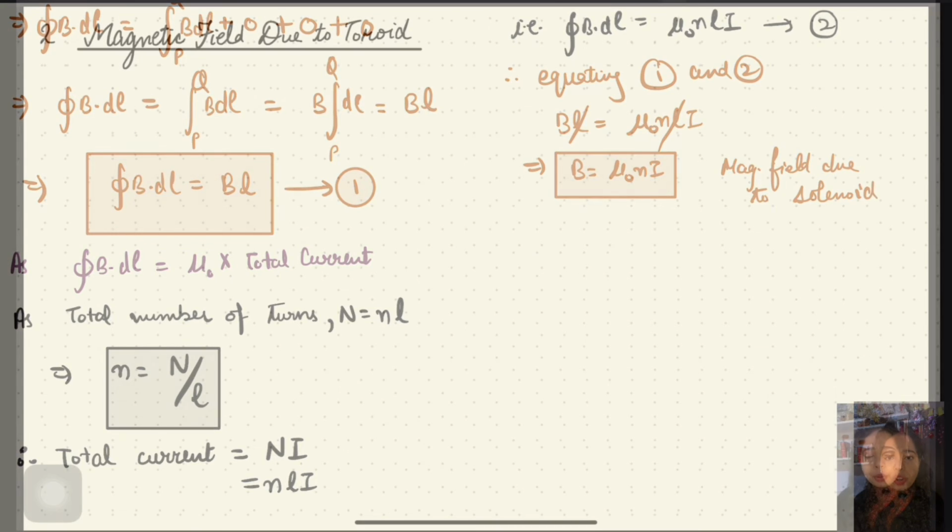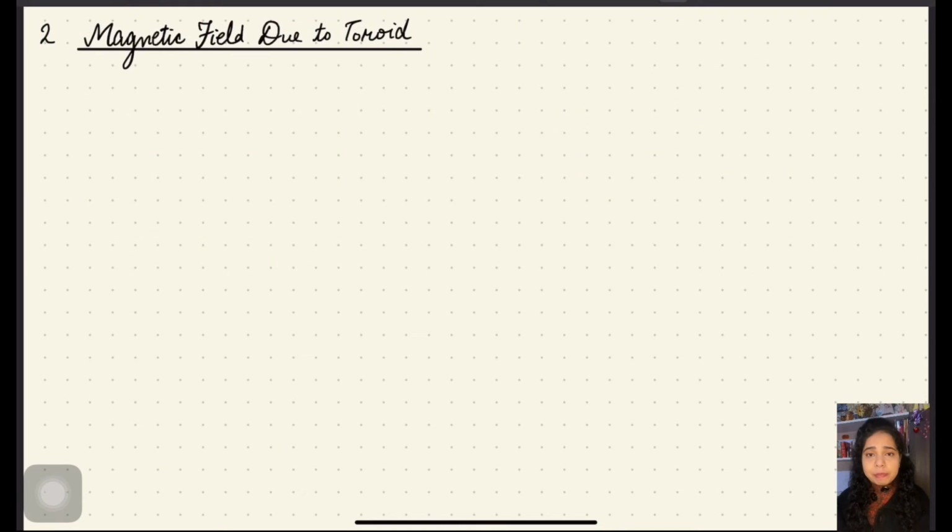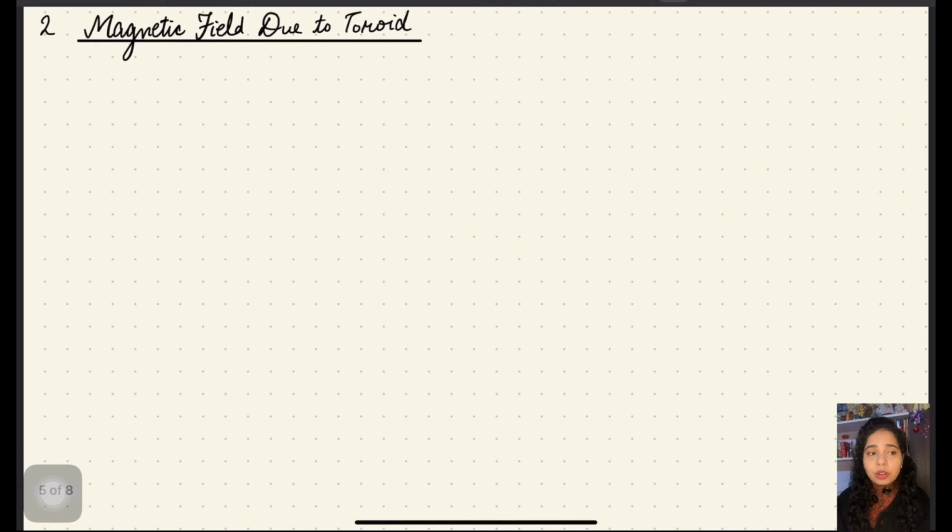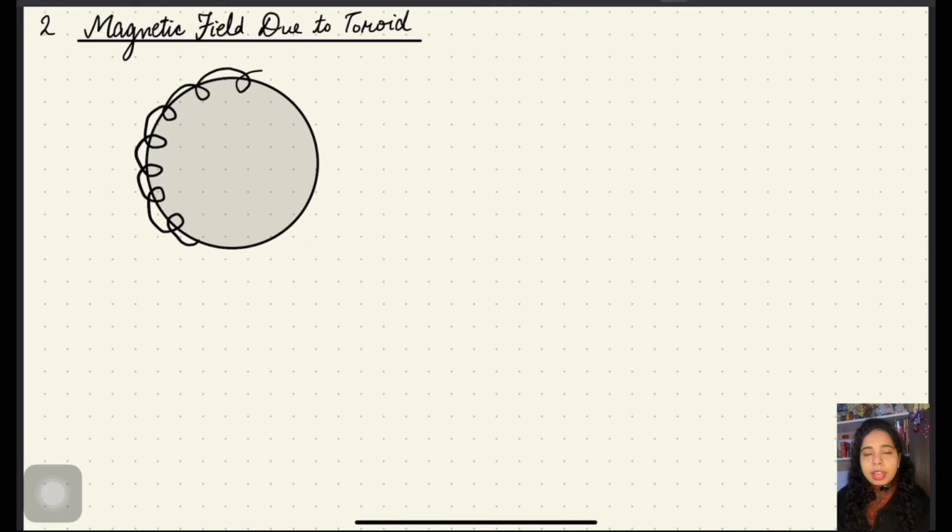Talking about the second application of the Ampere circuital law, that is, magnetic field due to toroid. As we have formed a toroid, let us consider that current I is flowing through the toroid and the radius of the toroid is taken as small r.